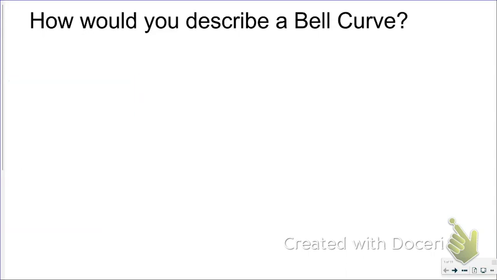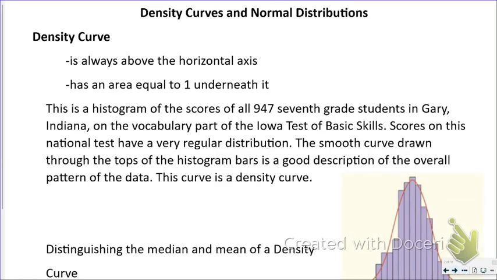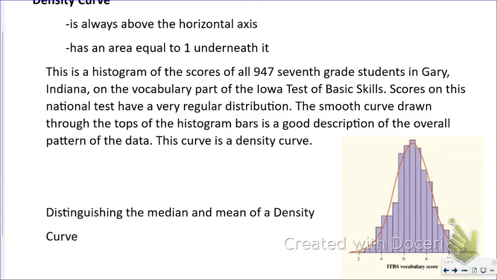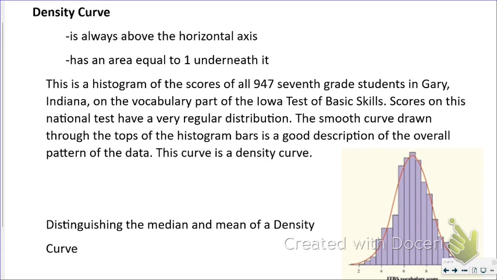When we look at that problem I showed you, these Iowa test scores, they follow this density curve. That's the red line you see in the graph.